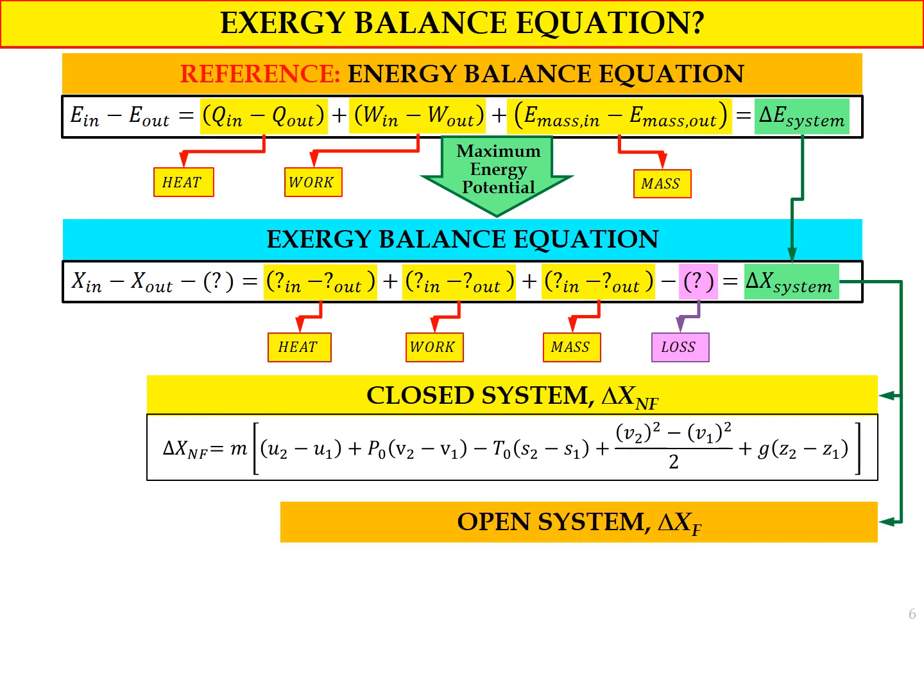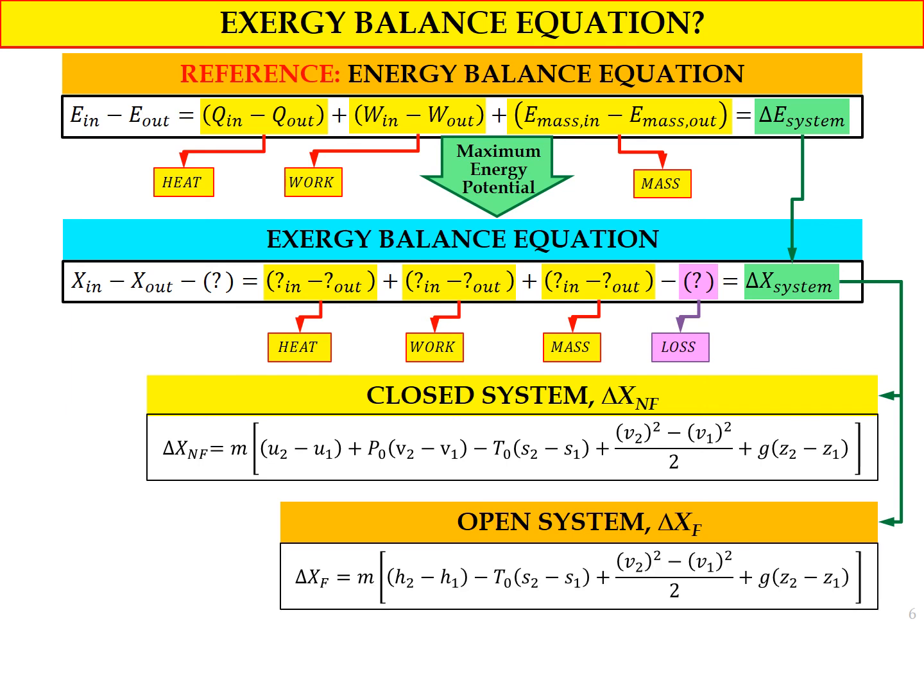And we also already derived the exergy change for the open system, delta X flow, where delta X flow equal to m multiplied by bracket H2 minus H1 minus T naught multiplied by S2 minus S1, plus kinetic energy difference and also potential energy difference. So we already solved the derivation of the equations for exergy change for both systems.